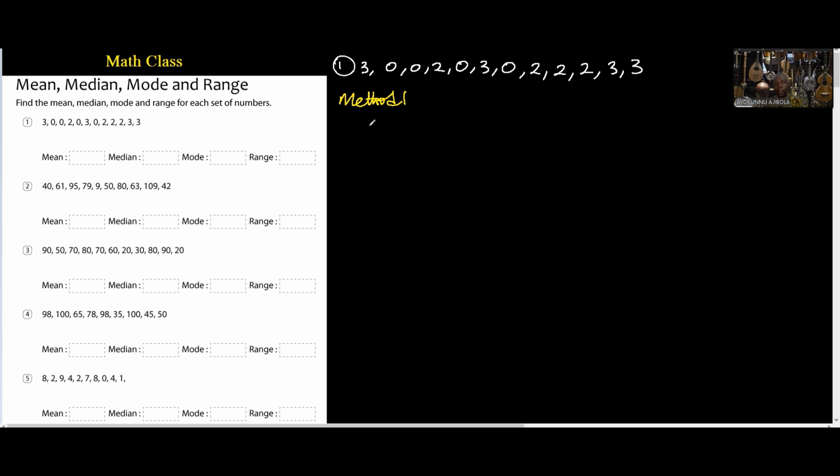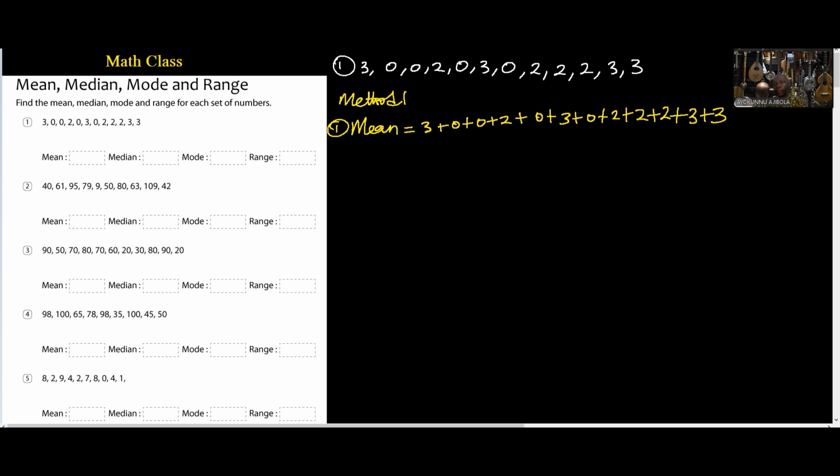The first method is, when you want to find the mean, you should add up all of the numbers. You add up everything: 3 plus the two zeros, then plus the 2, plus the 0, plus the 3, plus the 0, plus the three 2s, and plus the two 3s.